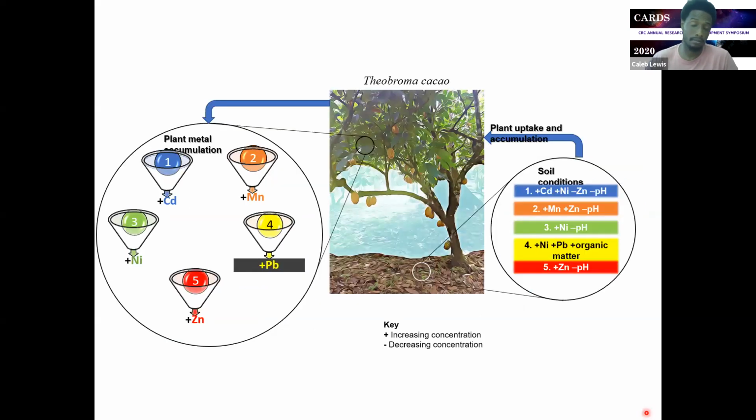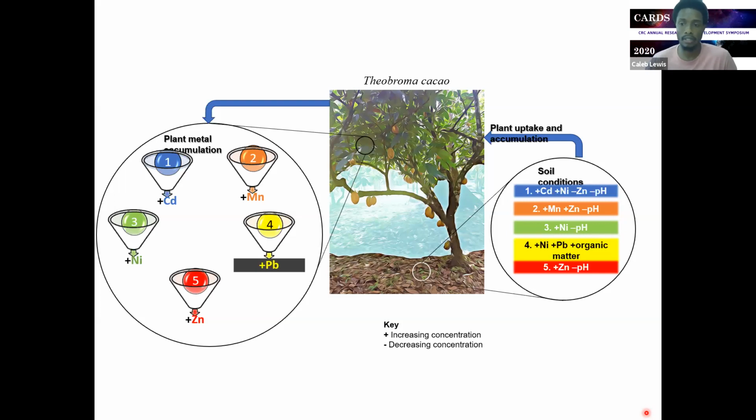I only got the official document Friday. In this study, one of the things that we looked at in these different soils is what are the main factors that affect plant metal concentrations in cacao. So for instance, in cadmium, we found that soil available cadmium, nickel, zinc, and soil pH affect plant cadmium concentrations in cacao.